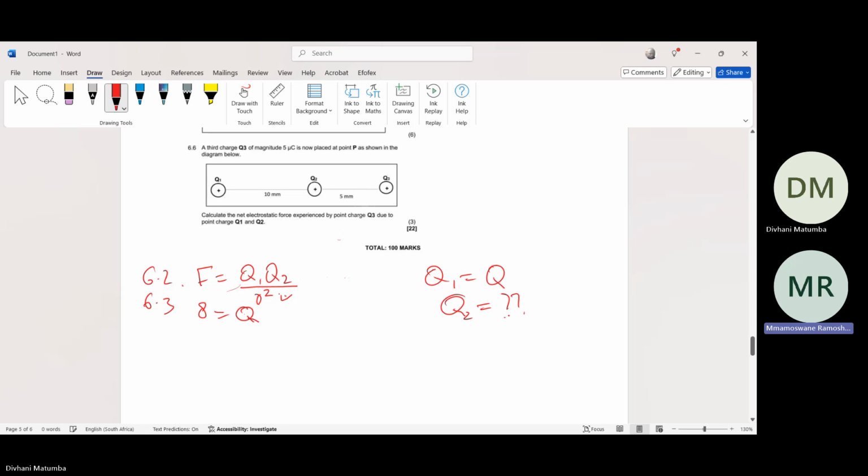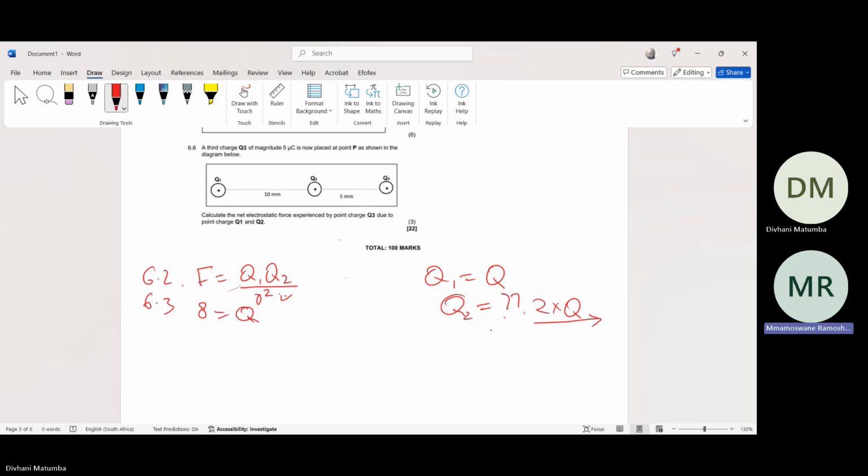Is it not Q if Q1 equals Q2? No, if Q1 equals Q, then what is the value of Q2? Is it not 2 times Q? 2 times Q. Why is it 2 times Q?